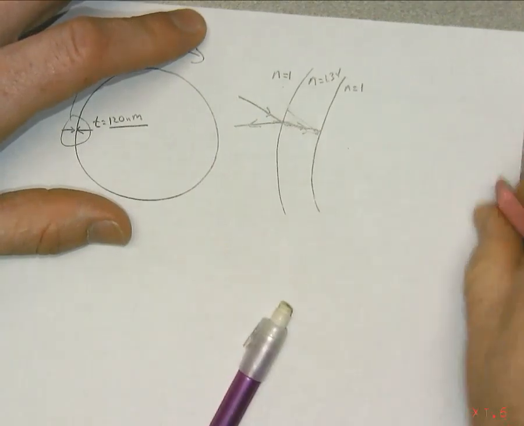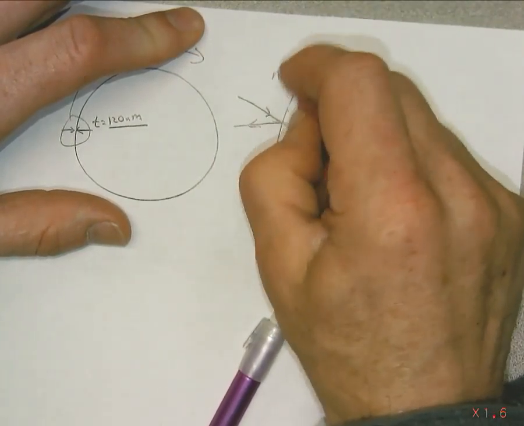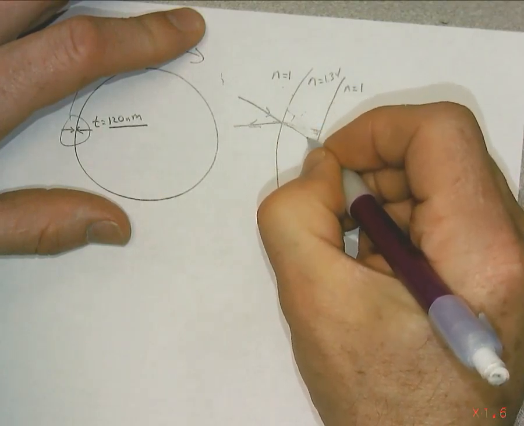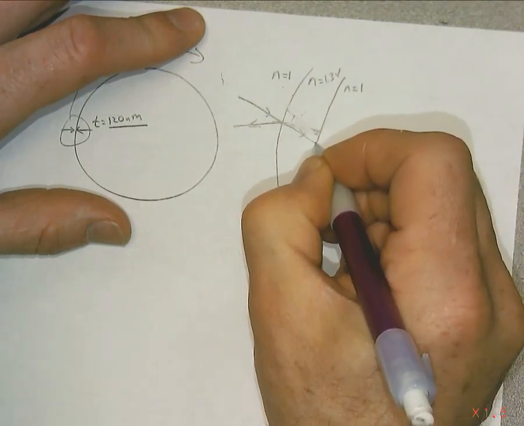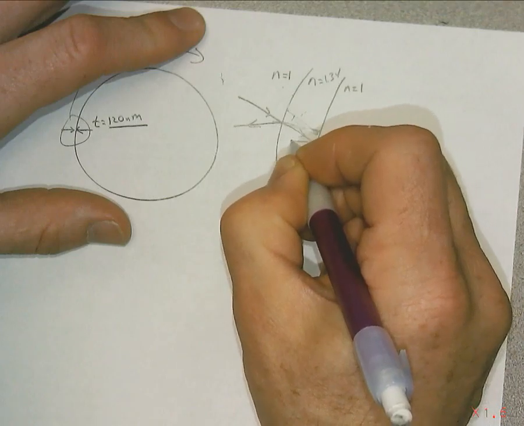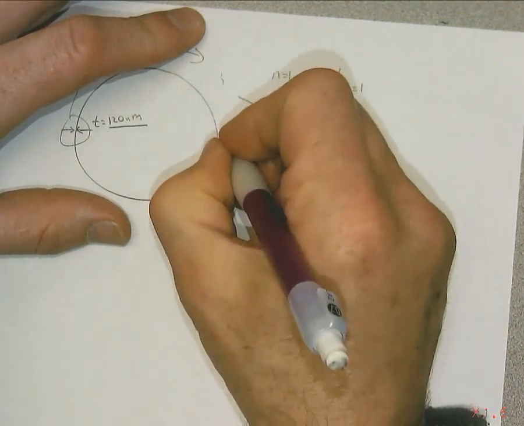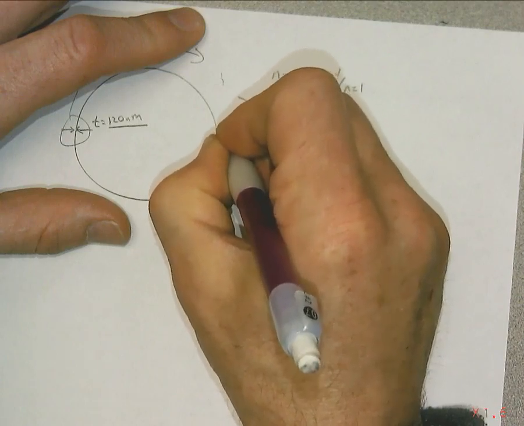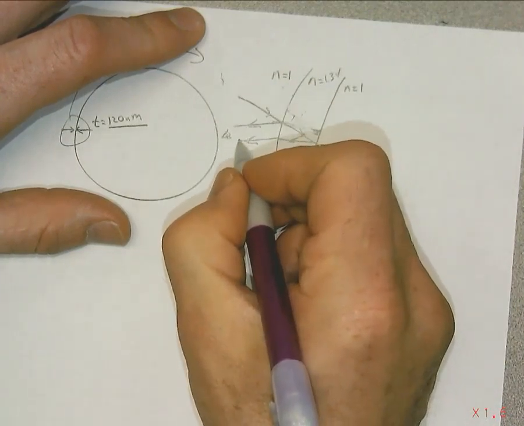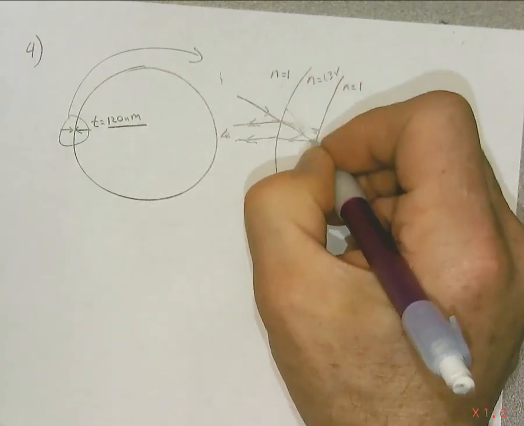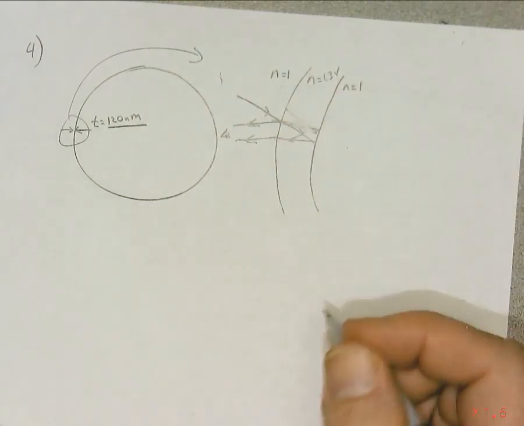I'm drawing this terribly, I apologize. I'm just going to draw it straight through just so you can see it like this. It bounces like this, and basically you have an eyeball over here that's observing the situation, and this path difference is twice the thickness, right?